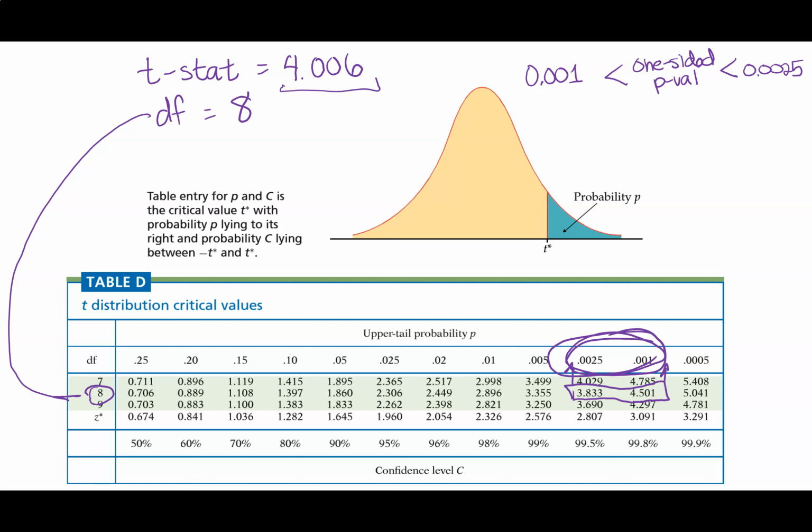So we want a two-sided p-value. That means we have to multiply everything by 2. So by 2 times 2 times 2. So my two-sided p-value is going to be greater than 0.002.